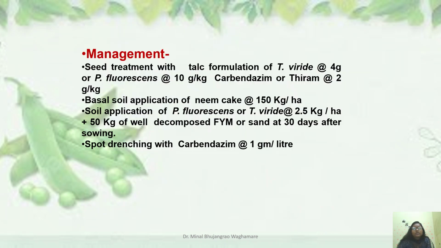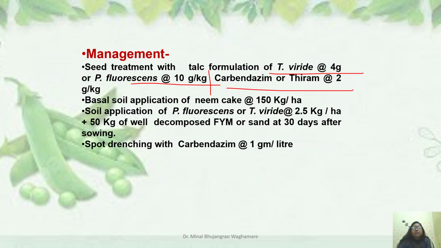Coming to the management of the wilt disease of pea, seed treatment with Trichoderma viride at 4 gram per kg and Pseudomonas fluorescens at 10 gram per kg is provided as biological control. Coming to chemical fungicide management, carbendazim plus thiram at 2 gram per kg is provided.